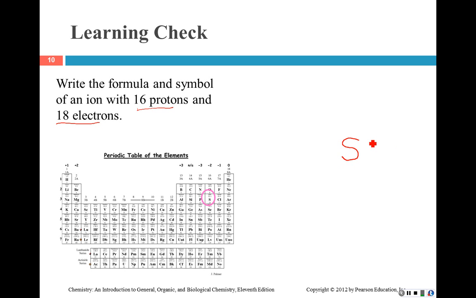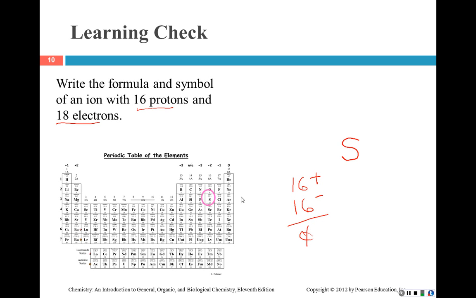All right, and so the formula for S, we know because it's in this particular row here, it's going to be a -2, don't we? But why? Well, because it originally had 16 protons and 16 electrons to give it an overall neutral charge.